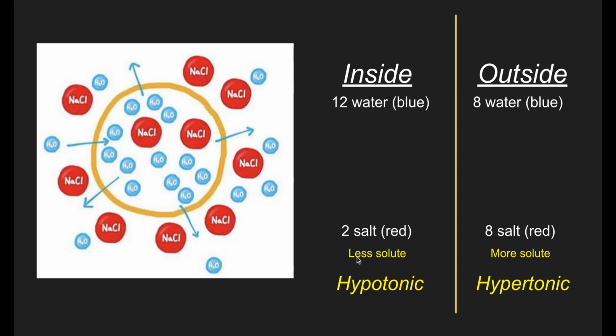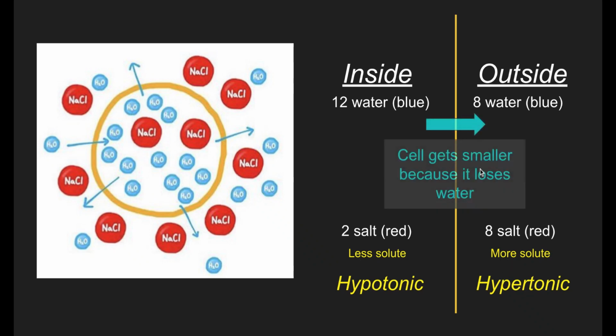Okay, less solute's always hypotonic, more solute's always hypertonic. And here's the key: water moves to the side that's hypertonic. So in this case, water is going to leave the cell. And if water leaves the cell, you can think of it like air leaving a balloon.